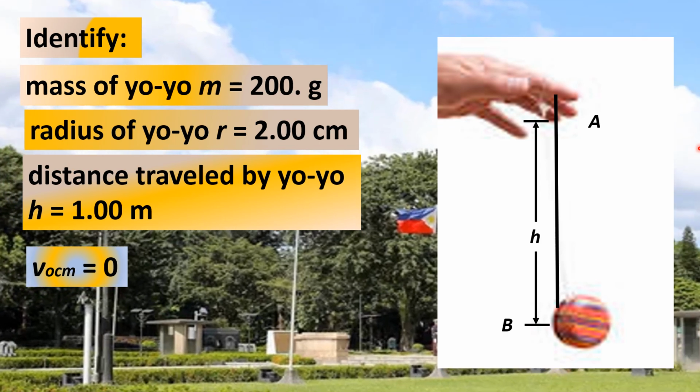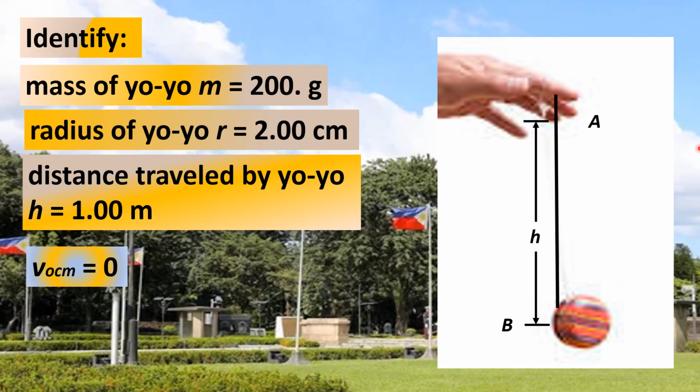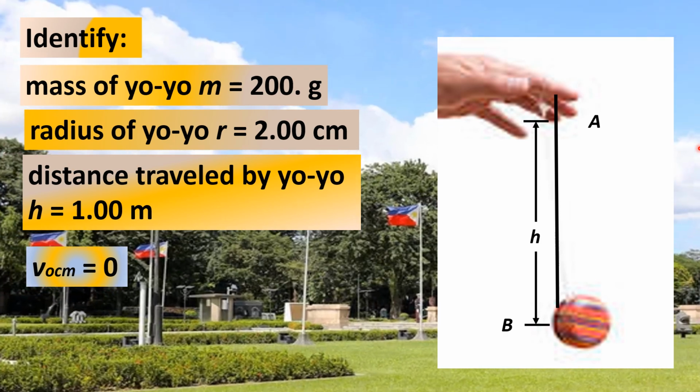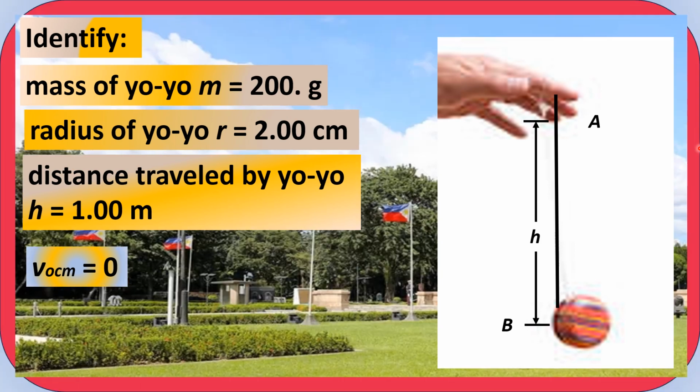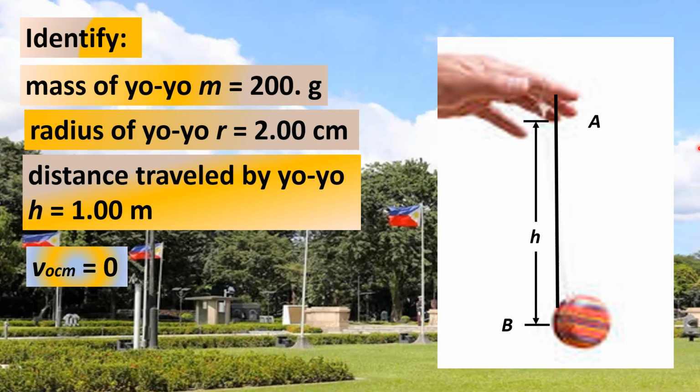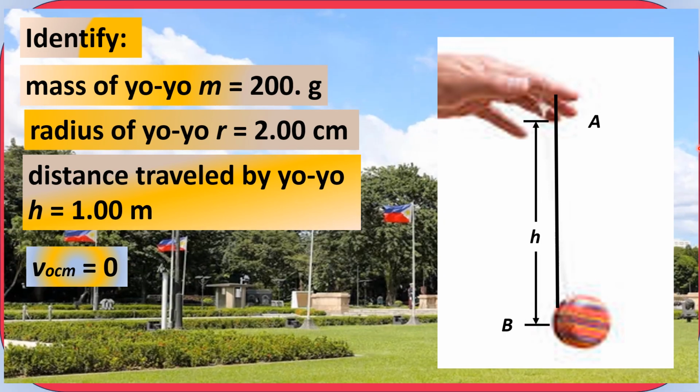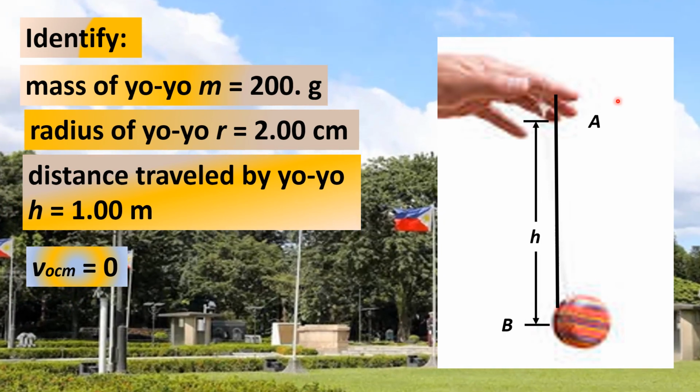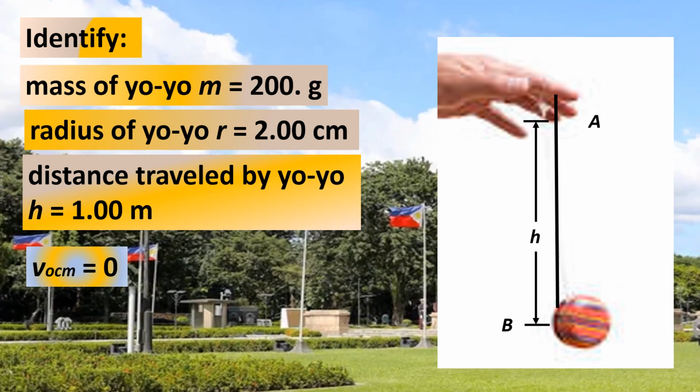And initially, the speed of the yo-yo, more specifically, the speed of its center of mass, is equal to 0 when it's still at point A, as seen in the figure.